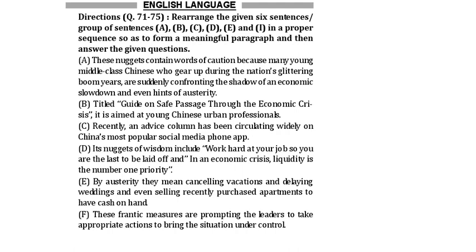See here, these nuggets. Nuggets is nothing but small pieces of value. What is the meaning of nuggets? Small pieces of value. Contain words of caution because many young middle class Chinese who gear up during the nation's glittering boom years.